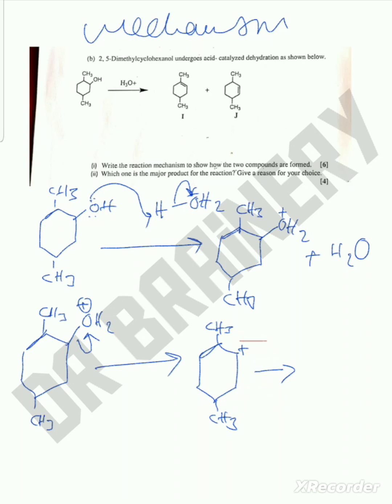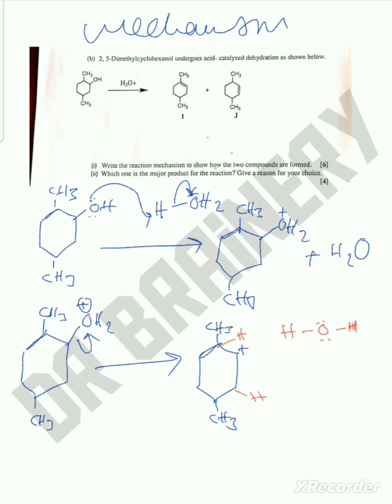I want to get rid of this carbocation by removing a hydrogen and creating a double bond. So what am I going to do? Remember, here there is a hydrogen, and here there are two hydrogens. So I'm going to bring water there, with these bonds.